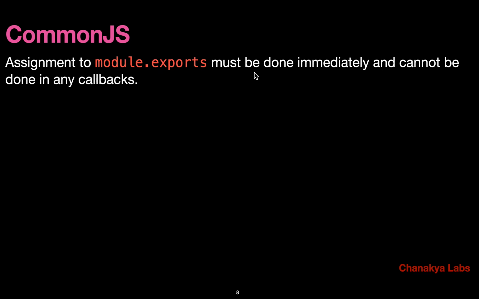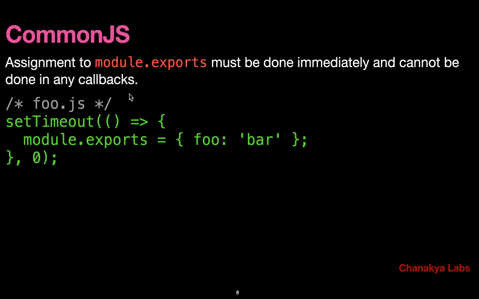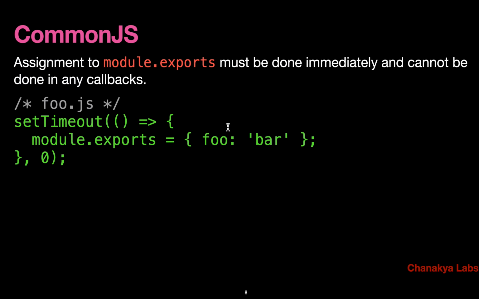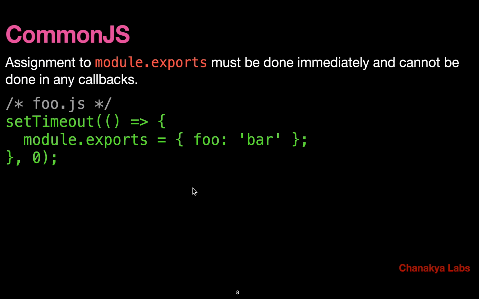Assignment to module.exports must be done immediately and cannot be done in any callback. So you can see that you can require it in a callback, but you cannot do the same thing in exports.